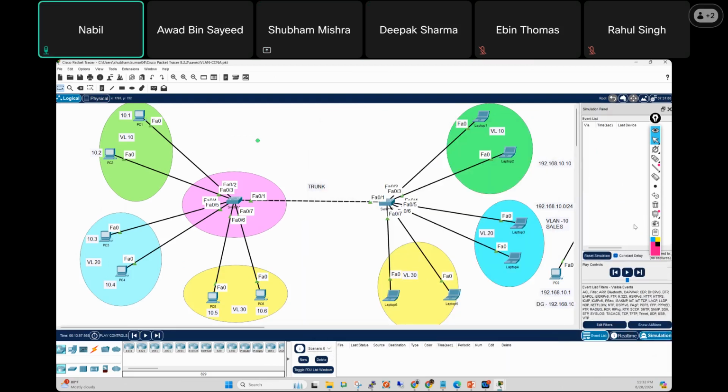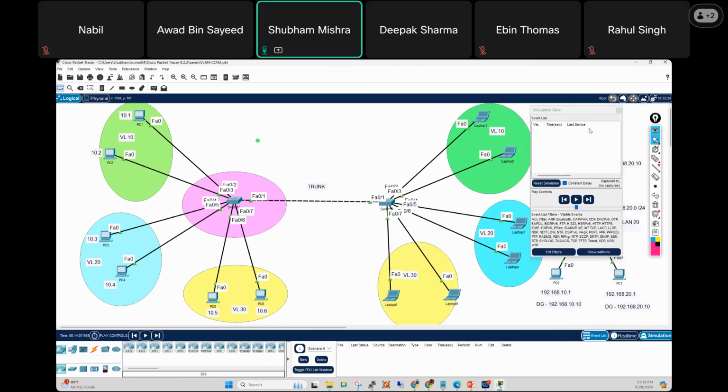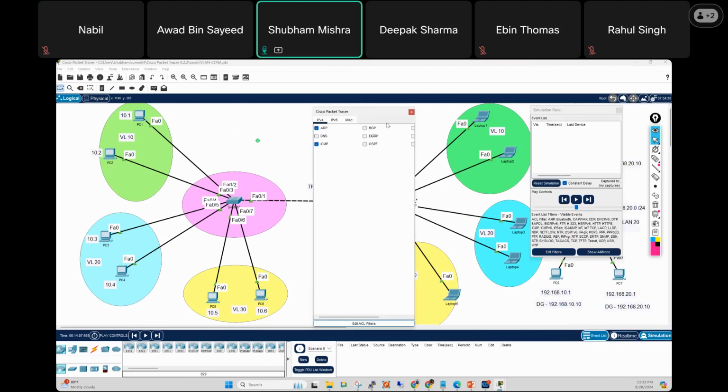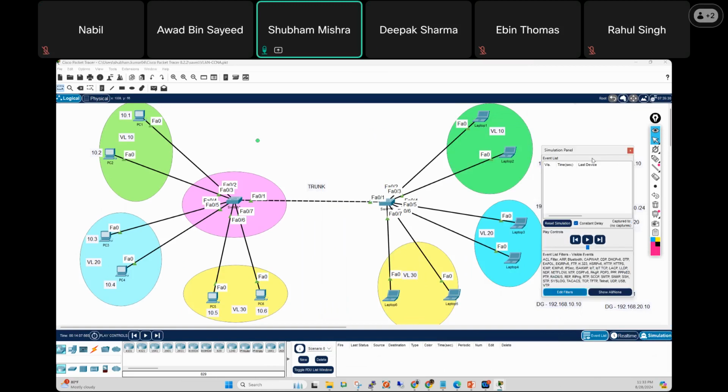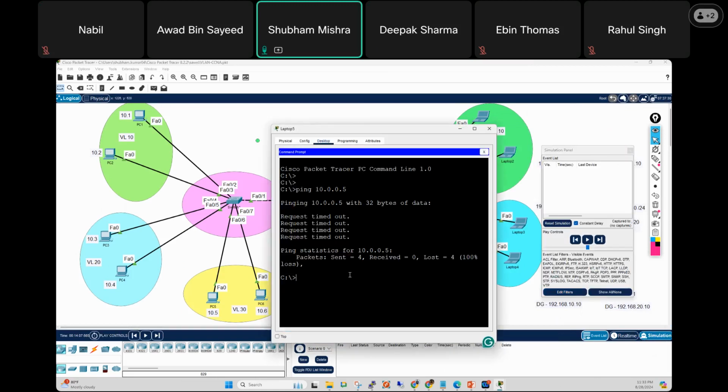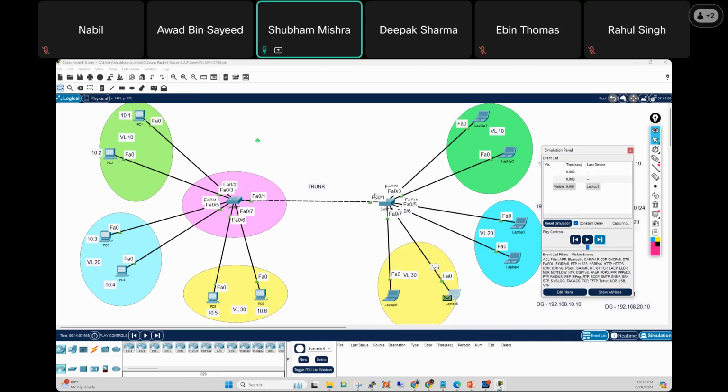Now come here. On which PC do I write the command? Okay, the laptop, I'm writing again. See, it generates the packet. The packet reaches this switch.